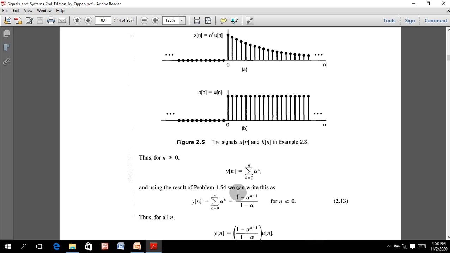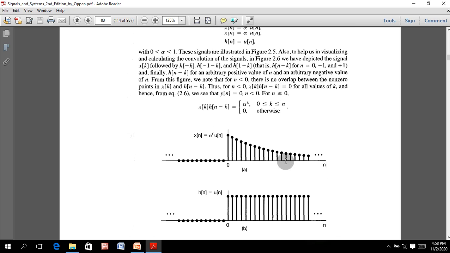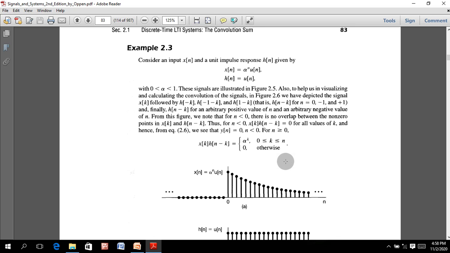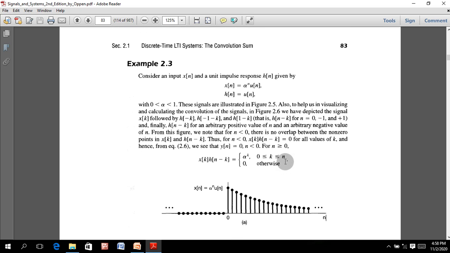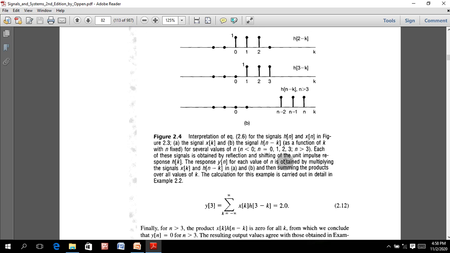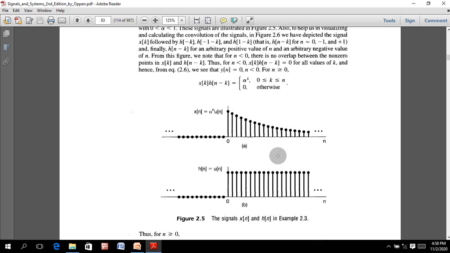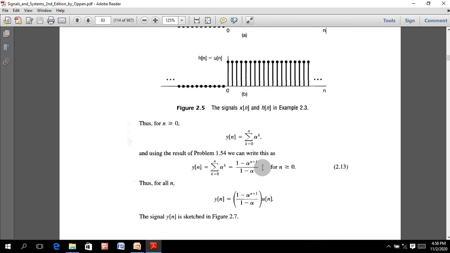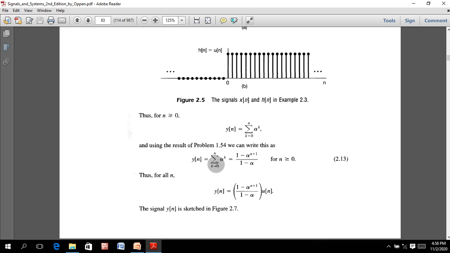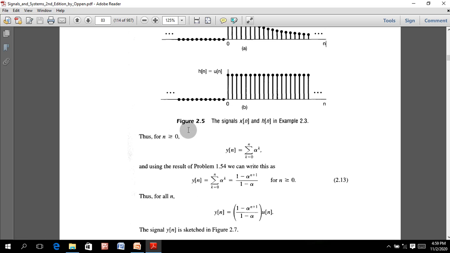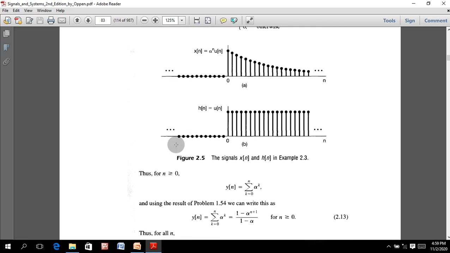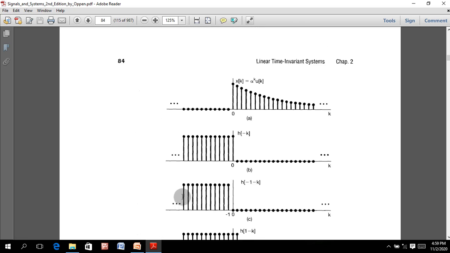So using the result of problem 1.5, you can write this function. Then you have realized how the convolution will take place.